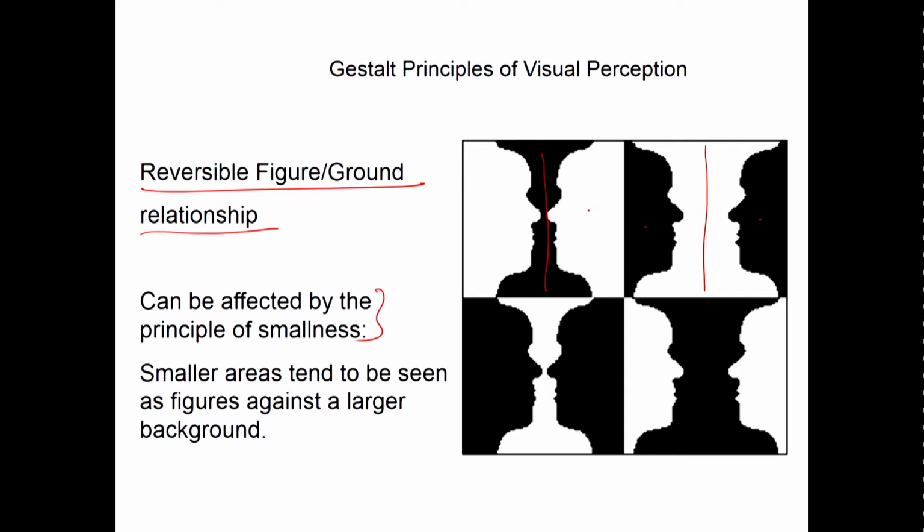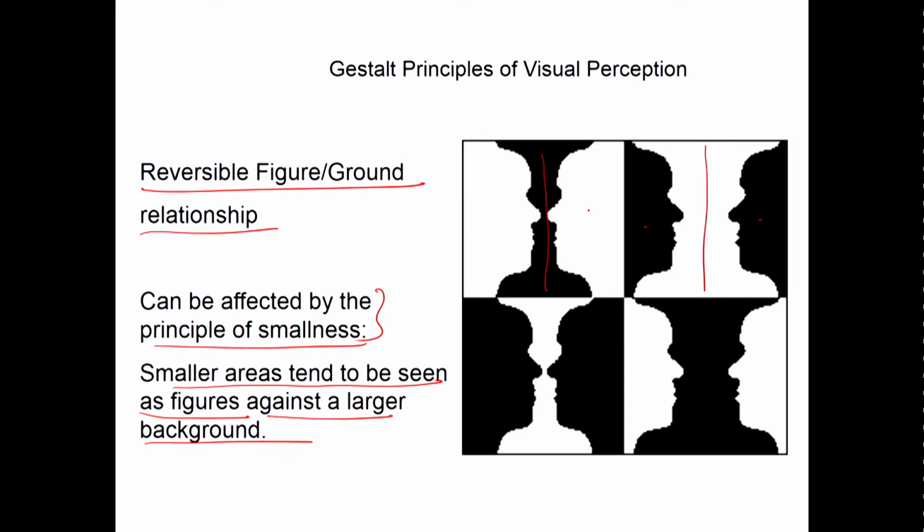We are going to combine this principle of background and foreground with another principle of smallness, which will give you much more meaning. Smaller areas tend to be seen as figures against a larger background. Smaller areas will be considered as the foreground.